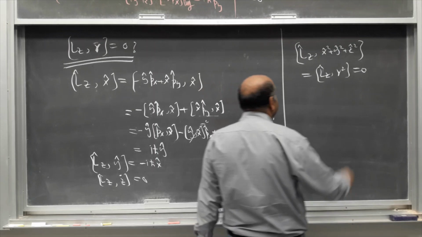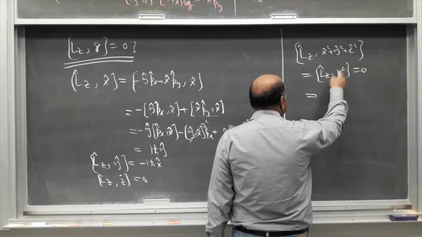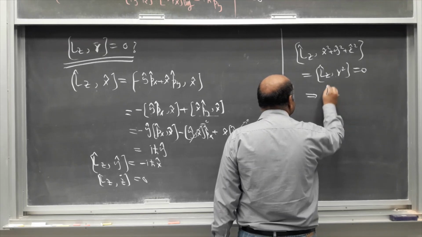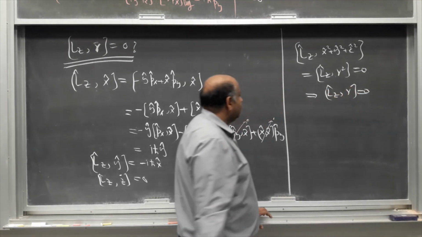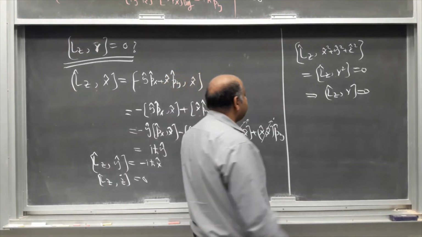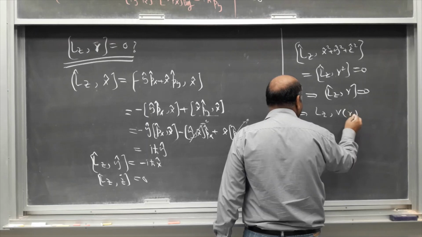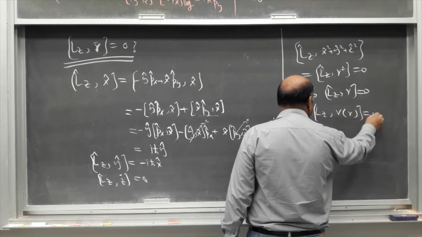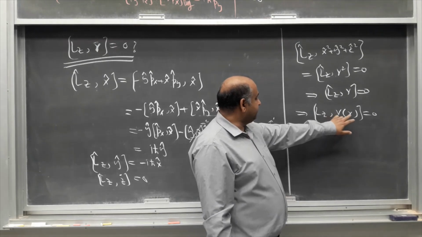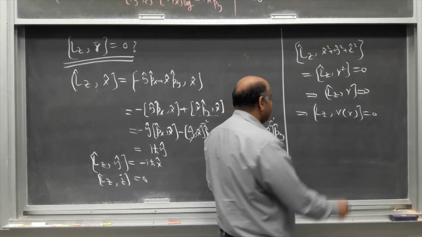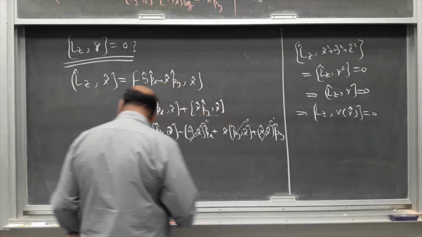And from this, since this is r squared, it means it commutes with r as well. And if it commutes with r, it means that Lz commutes with any function of r. And since our potential is a central potential, which means it only depends on the magnitude of r, Lz commutes with V of r.